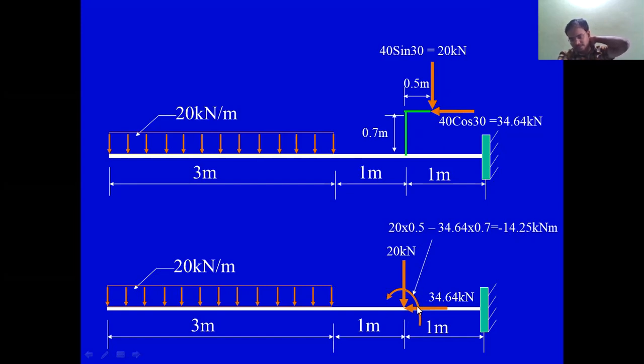It can also be anti-clockwise, because I did not consider this force. I considered only two forces here. For the case of moment, these two forces have the effect, and you can transfer these two forces to this point.